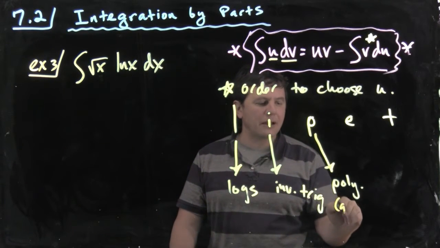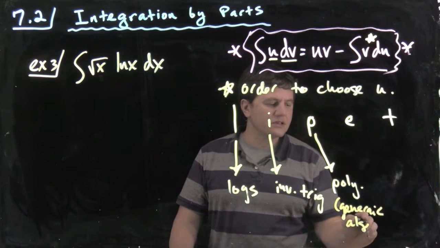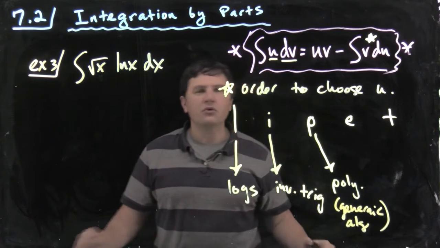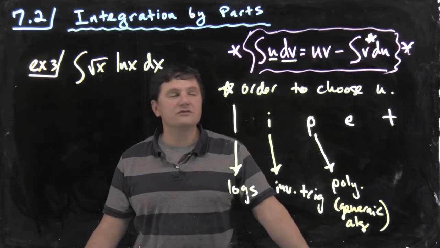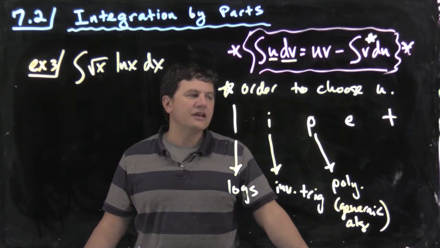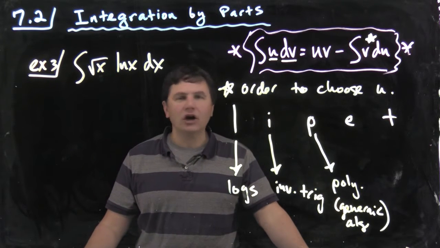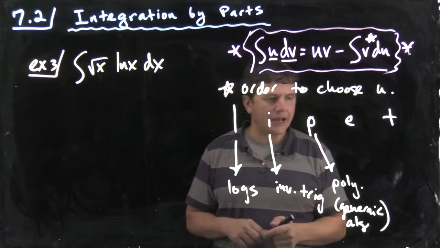But what we're talking about is generic algebraic terms you saw in Algebra 1 or Algebra 2, things like x squared, x squared plus 3x, x plus 4, any of that type of stuff. Not trig, not exponential, not logs. Standard algebra stuff falls into that P category.